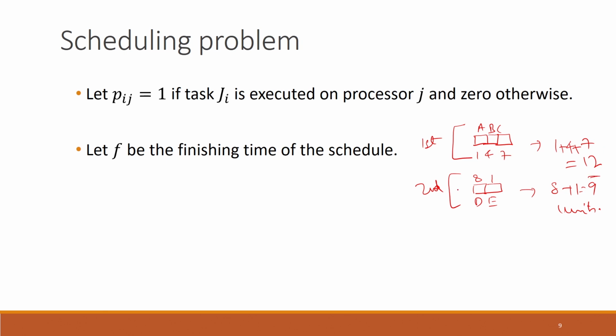By that time the second processor would have executed everything, but the first processor would have just ended executing its last task. So f will be equal to 12 in this case. That is the finishing time. We want to minimize that finishing time, the last time at which any task gets executed on any processor.